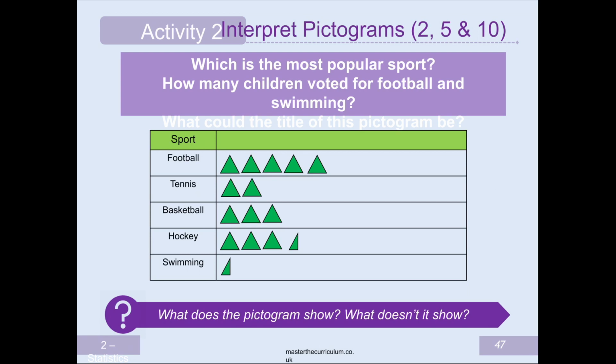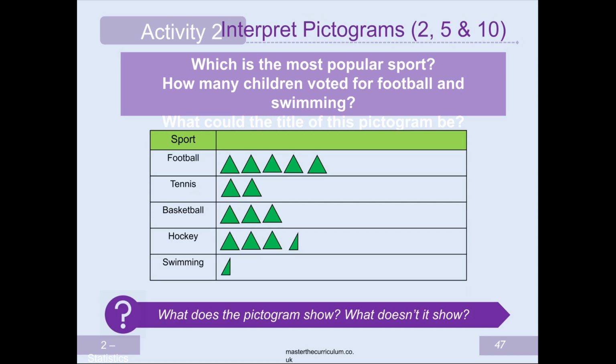The key. That's right. On this pictogram there's no key, so we can't tell what each triangle represents. We'll have to have a little guess. Let's think that this could mean that one triangle represents 2.